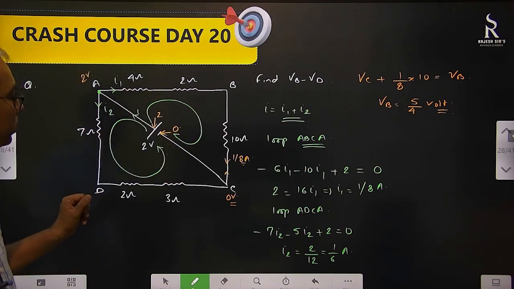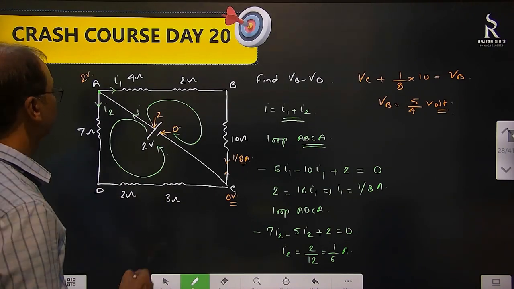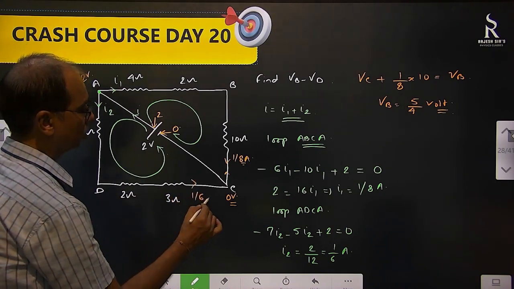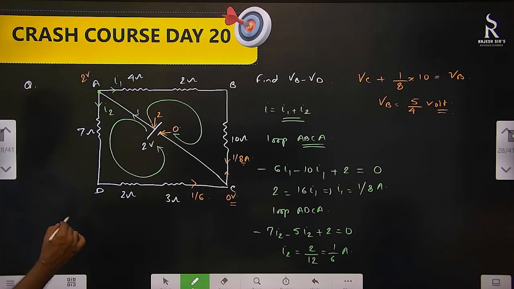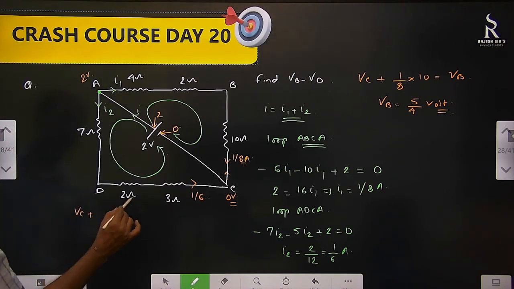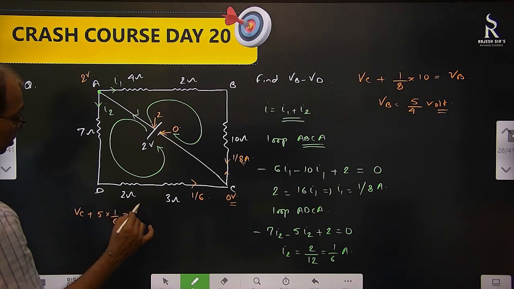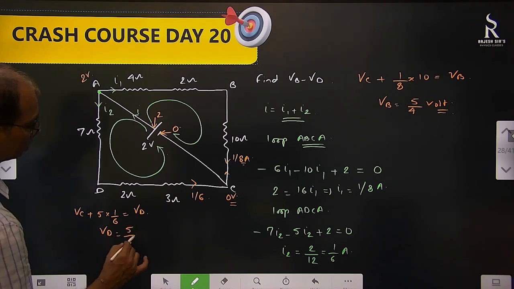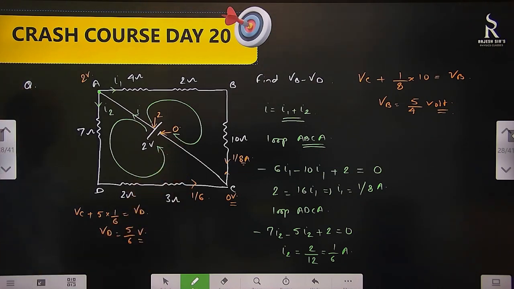Okay, now D. So D also we can go like this, no? Here is what current is coming, 1 by 6. Okay. So VC plus 5 into 1 by 6. So VD equal to 5 by 6 volt. What question is asking? VB minus VD.